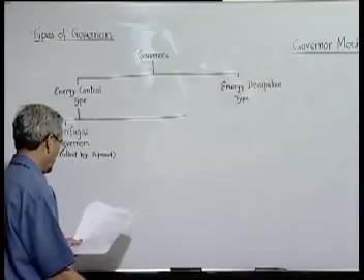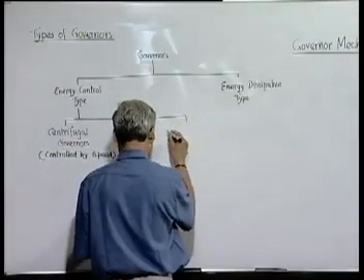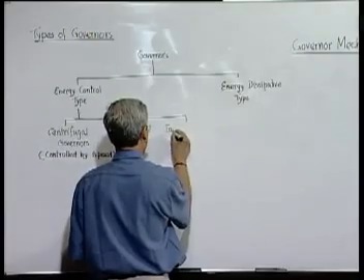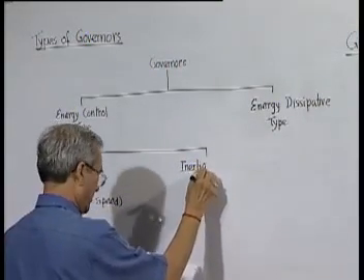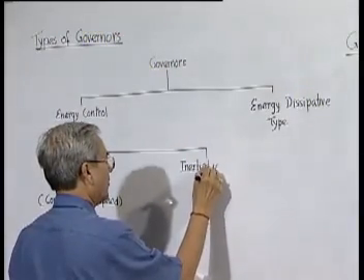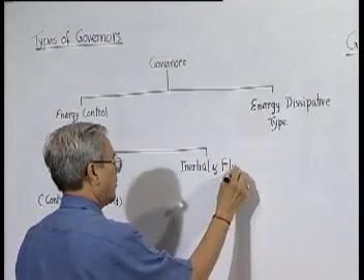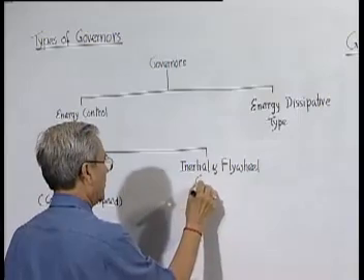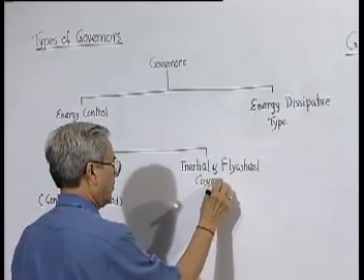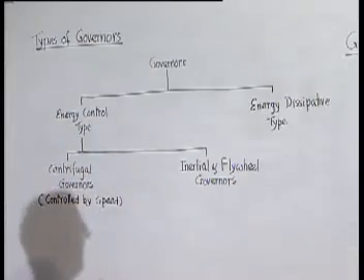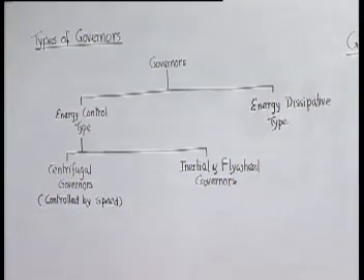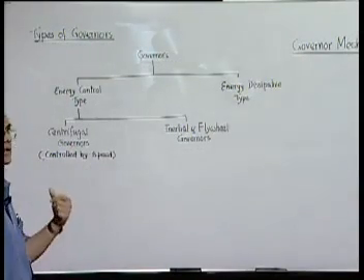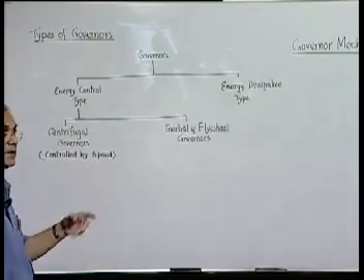Another kind of governor, we will discuss these types of governors also, where the sensing of the change is done not from the change in speed, but directly from the acceleration which is going to be present if the speed is changing.